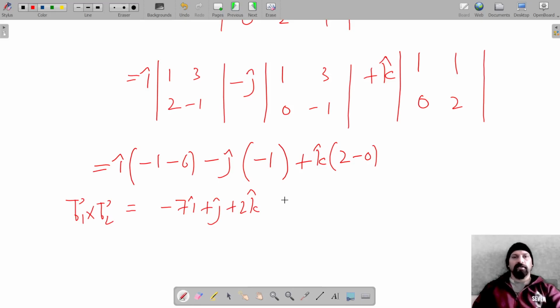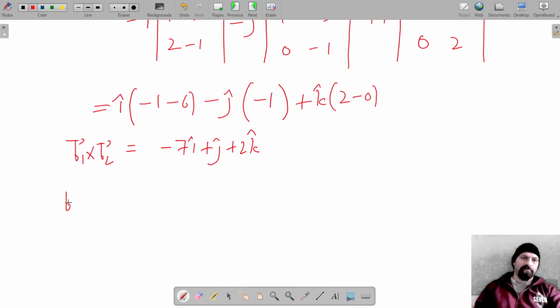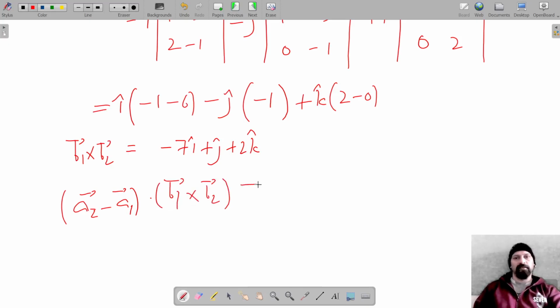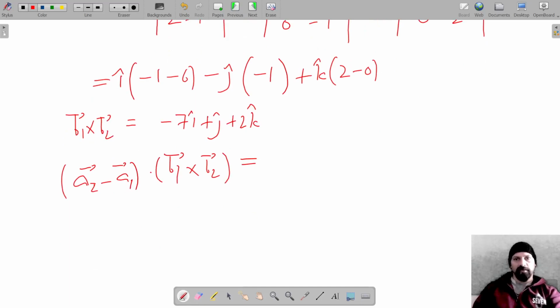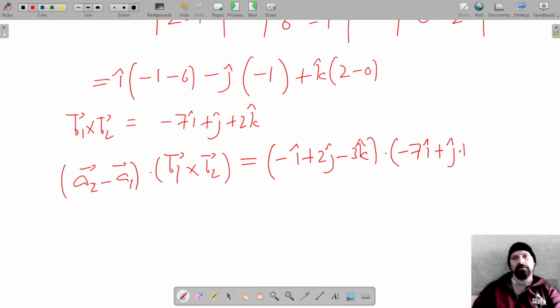Okay, now let's find out the dot product of A2 minus A1 with B1 cross B2. So A2 minus A1 was, let's write down A2 minus A1, which is negative i cap plus 2j cap minus 3k cap, dot product with negative 7i cap plus j cap plus 2k cap.